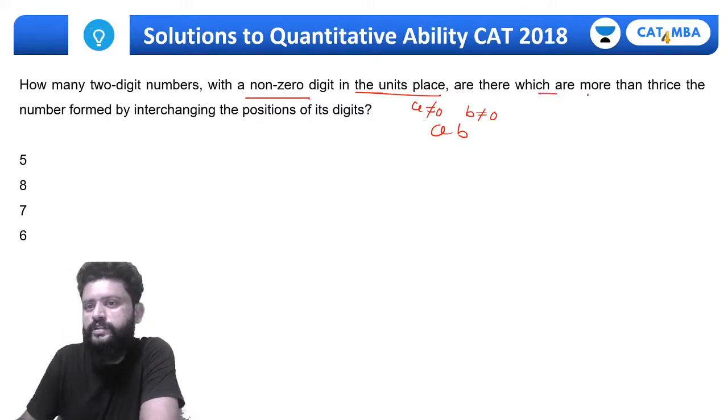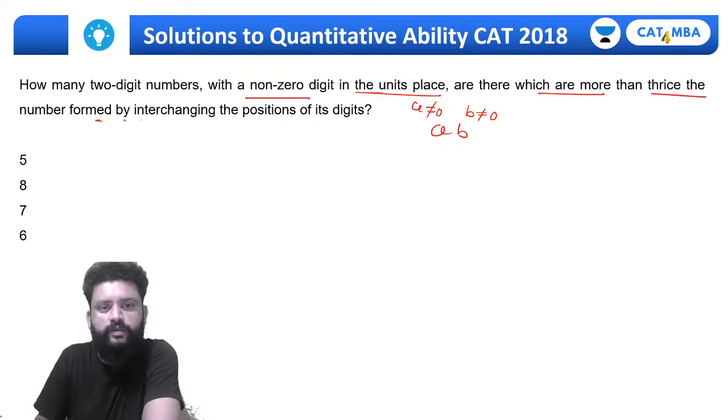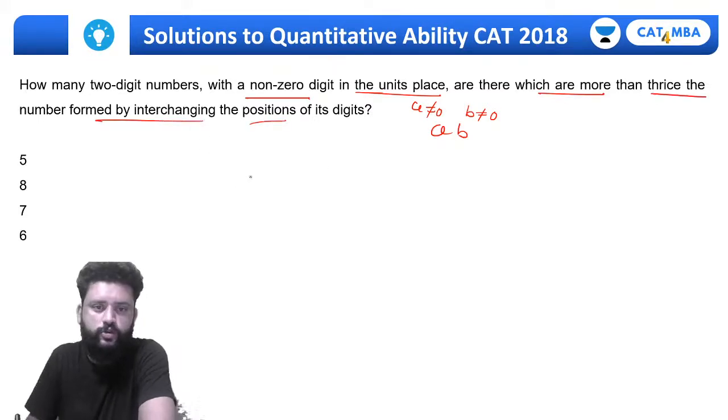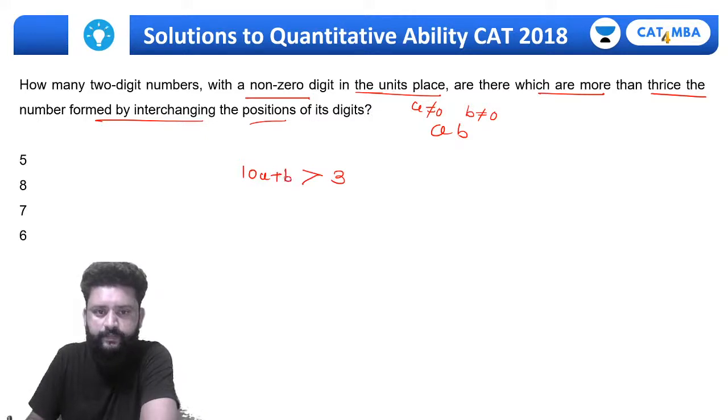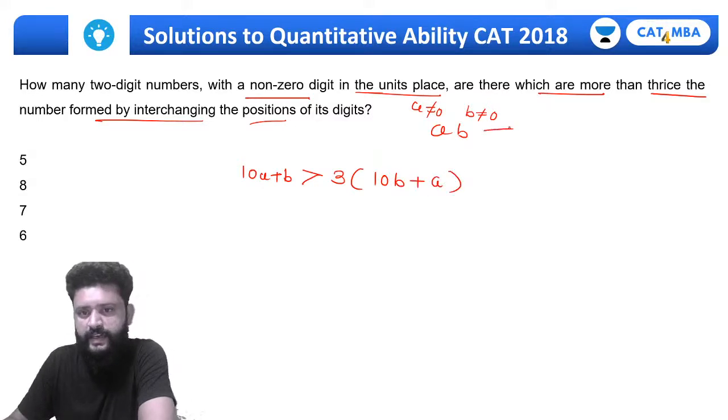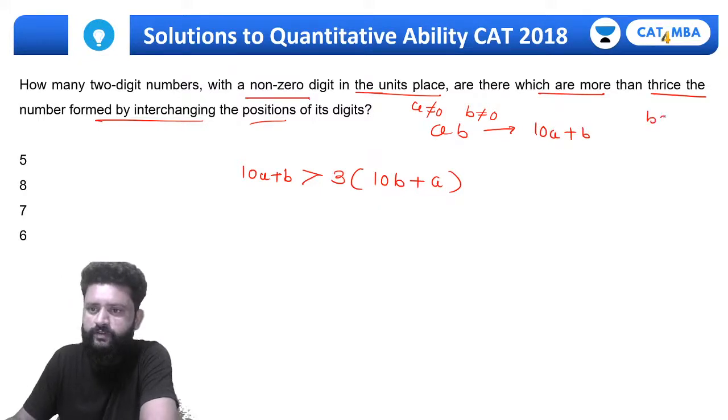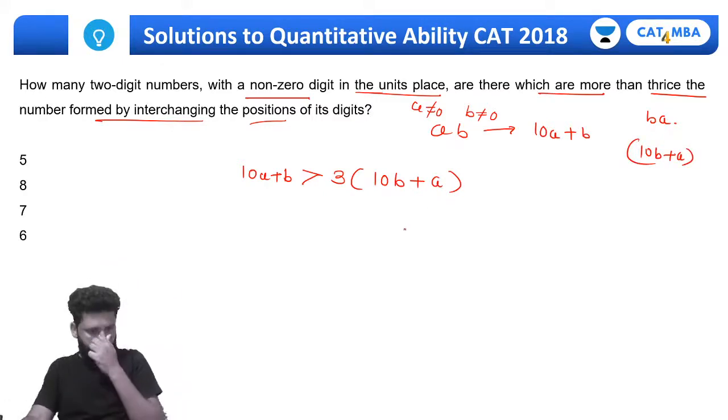Such that they are more than thrice the number formed by interchanging the positions. So 10A plus B must be more than thrice of 10B plus A, because if it is AB, it is 10 times A plus B, and if we reverse the number, that is BA, it will be 10 times B plus A, because A and B are the digits.